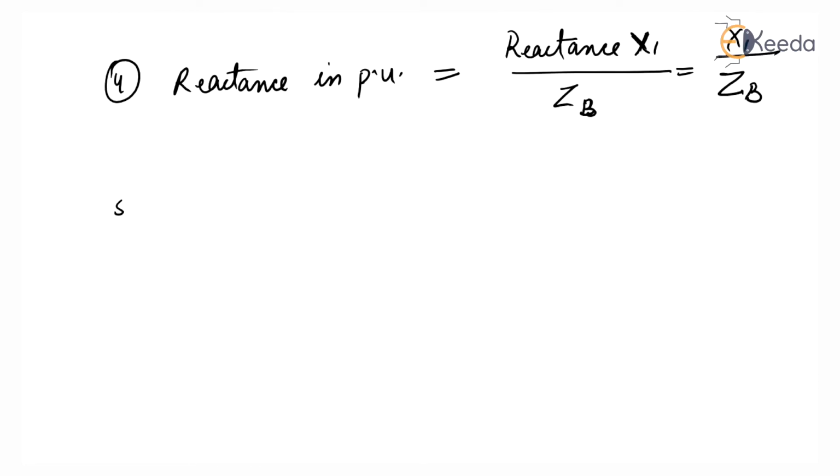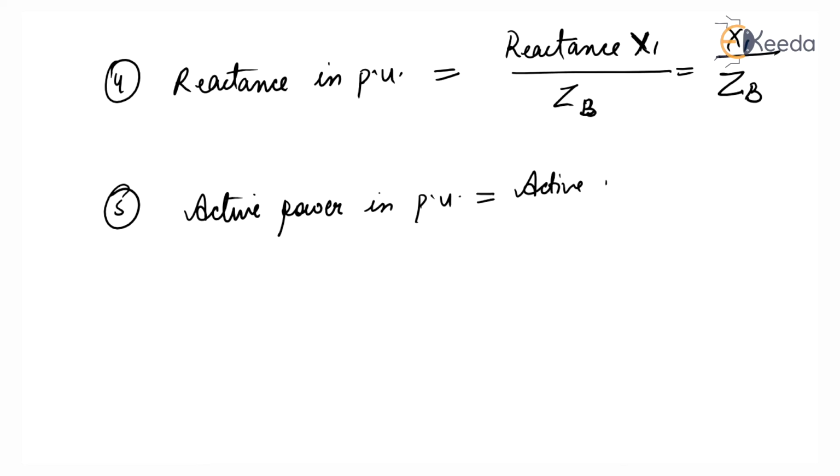Now for power, active power and reactive power. First, active power in per unit is equal to active power P1 upon S base, because for active power the base is S base, apparent power.